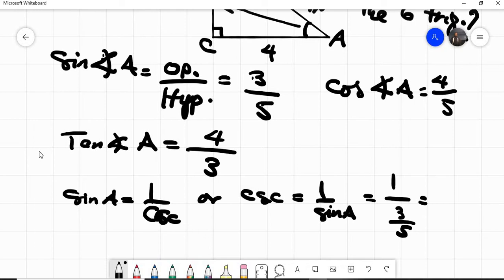As a fraction, we write 1 times the flip of 3 over 5, which is 5 over 3. So what happened? We flipped it. Sine is 3 over 5, then cosec is 5 over 3.